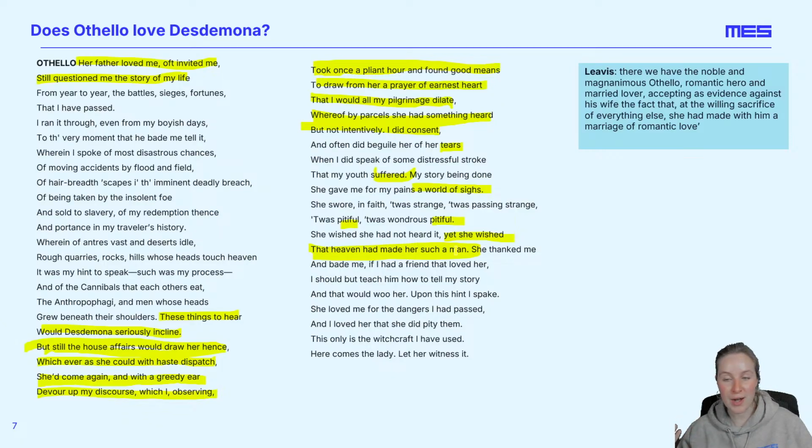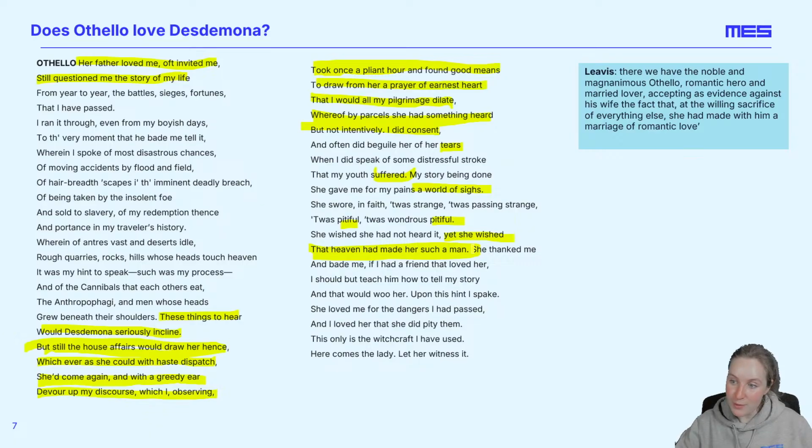And perhaps what attracts Desdemona to Othello is adventure and escape. And she's marrying him because she wants those things. Because she wants to, for example, go to Cyprus, as she argues for in this same scene.